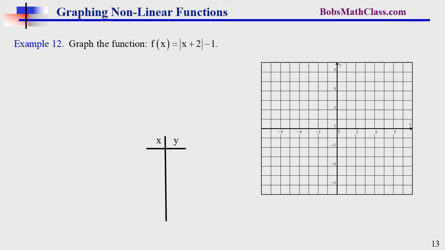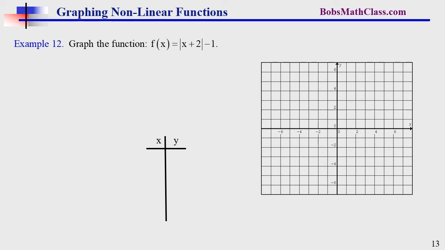All right, here's our next one, a little bit more interesting. This one does have a number inside the absolute value. We always try to get 0 inside the absolute value. Whatever number that is, that's the number we start with. So what number, when we replace x with it, will result with a 0 inside the absolute value?